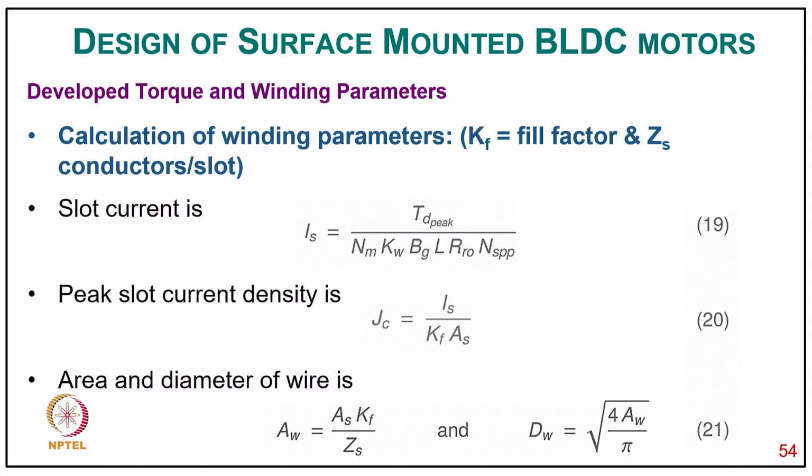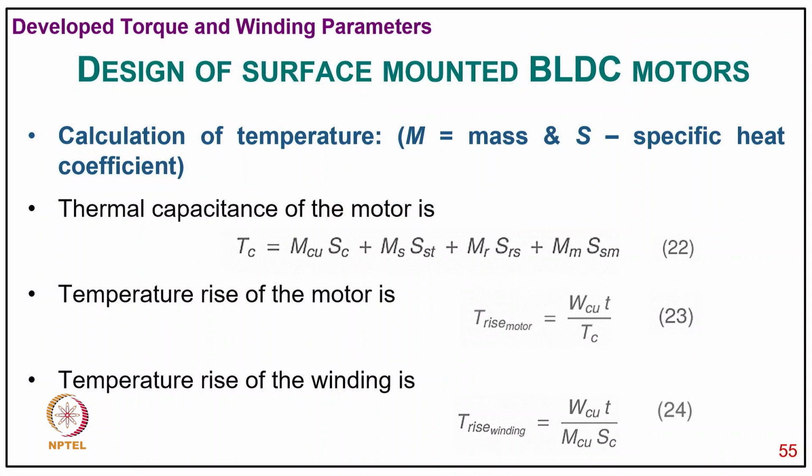So calculation of winding parameters: Kf equal to fill factor, and Zs conductors per slot. So slot current is Is equal to T peak divided by Nm Kw BGL RO NSPP, and peak slot current density Jc equal to Is upon Kf into As, and area and diameter of the wire is AW equal to As Kf upon Zs, where dW is under root 4 into AW by pi.